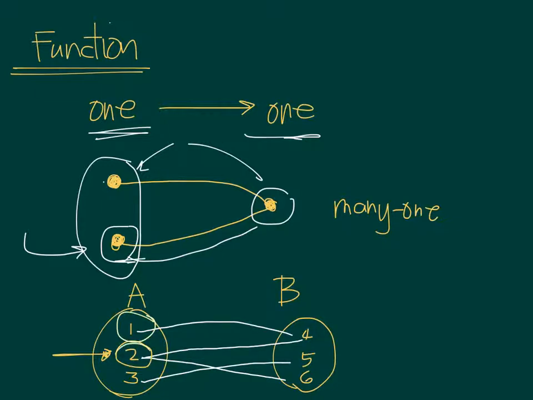A single element in set A is going to many values in B. So it's violating the rule that it has to go to a single value, because it's going to more than one value. So this pairing is not a function. This is just a mere relation. So that's the idea of functions.